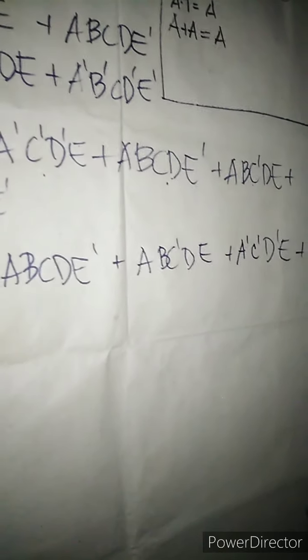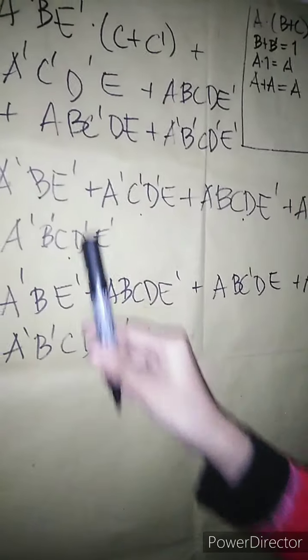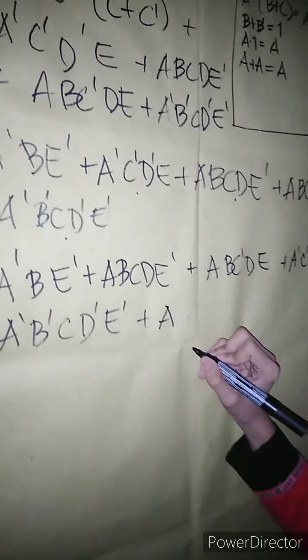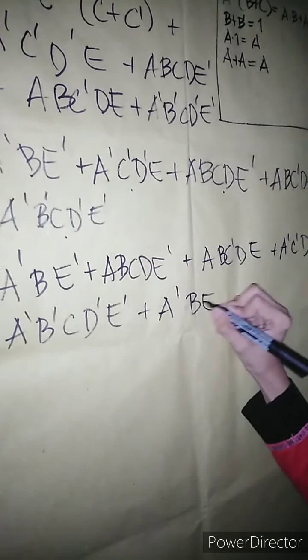We will have A prime B, at positioning sa mga compatible pairs, tingnan natin compatible pairs, we will have this one, A, B, C, D, E prime, or A, B, C prime, D, E, or this one, E prime, C prime, D prime, E, or A prime, B prime, C, D prime, E prime, or ito nga, ito na yung ika-copy paste. A prime, B, E prime.